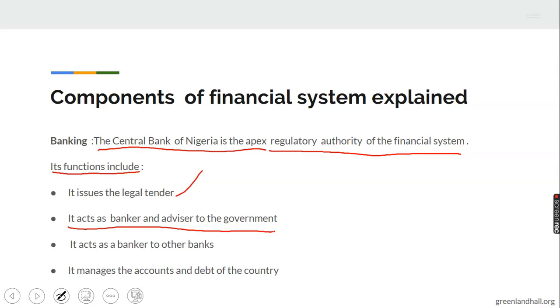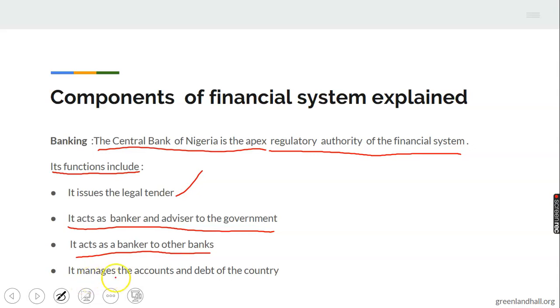It also acts as a banker and an advisor to the government. Number 3, it acts as a banker to other banks. Other banks in the economy equally carry out activities with the central bank. It could be to keep part of their lodgement with the central bank, or to ask for some bailout at the time of difficulties.